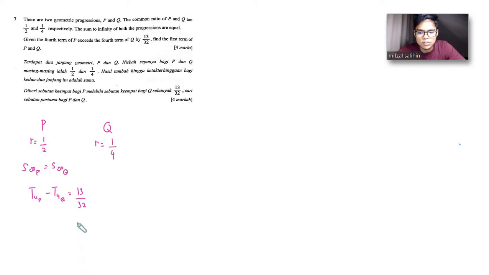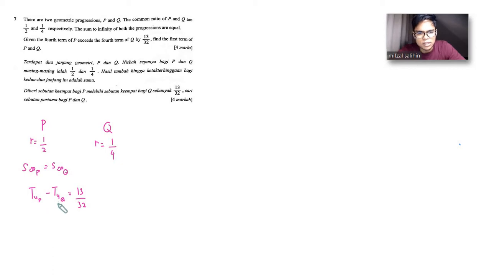So how do we solve this kind of question? The question requires us to find the first term of P and of Q. We know the common ratio already, and we know the sum to infinity, which are equal in P and also Q, and we know that T4 of P is larger than T4 of Q by 13/32.